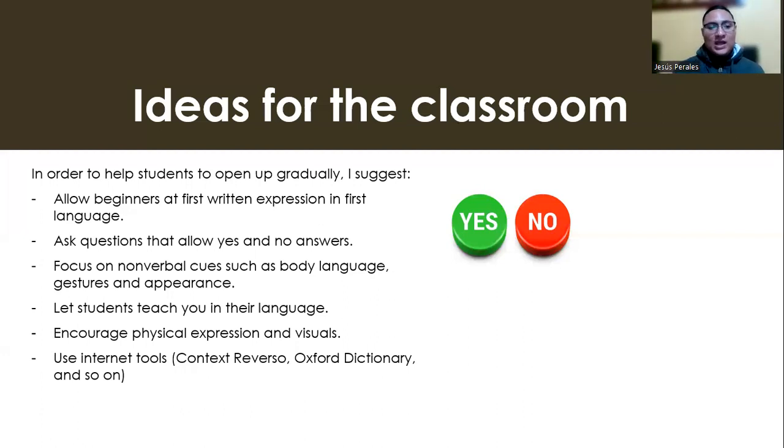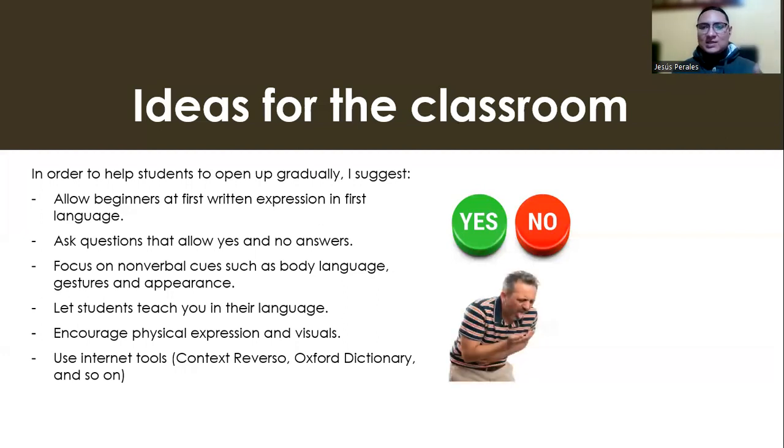The third point is focus on nonverbal cues such as body language, gestures, and appearance. Most of the time, and I said this example with vocabulary, there are certain words that are not even close in writing in reference to the first language.